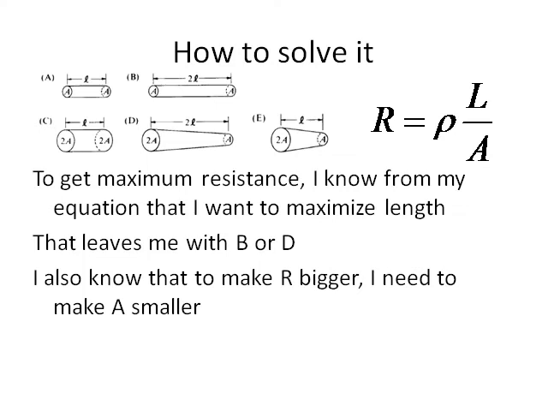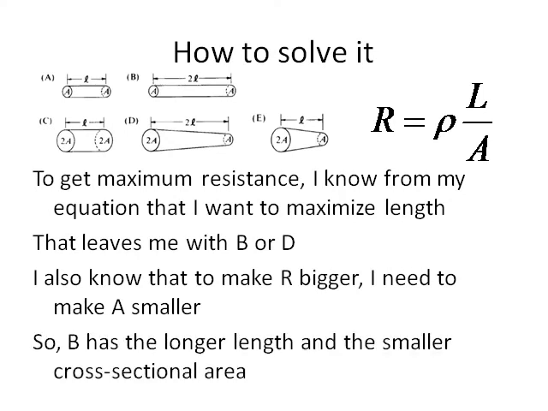So really, we're looking at the average area, but we don't have to calculate it. Just looking at that left-hand side and seeing that at any point D is bigger than B, that means the average area has to be bigger, which means my resistance is going to be less. So that leaves me with B, because it has both the longer length and the smaller cross-sectional area.